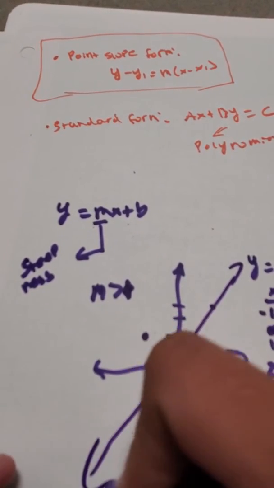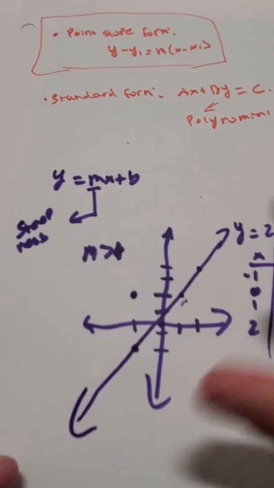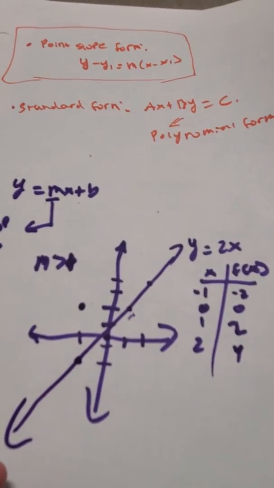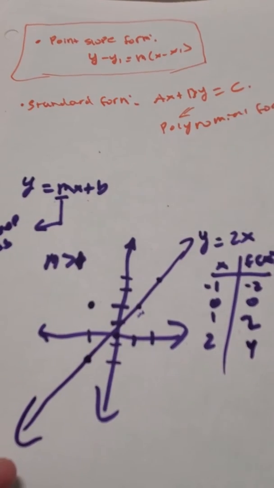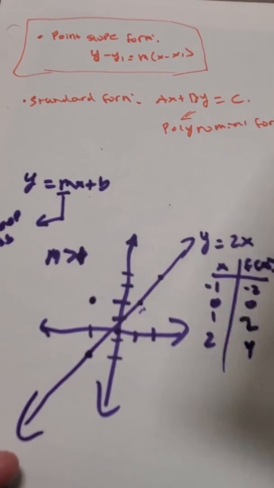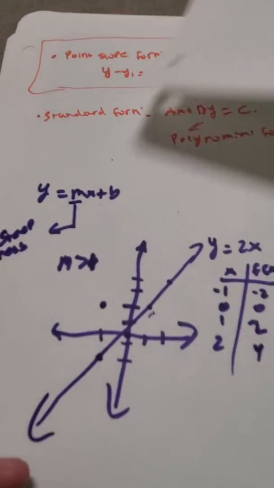It's best if you have a ruler with you. I don't have one with me right now, but it's easy enough to show it's a straight line, and we just connect the points. You can see that compared to this line, it's steeper.